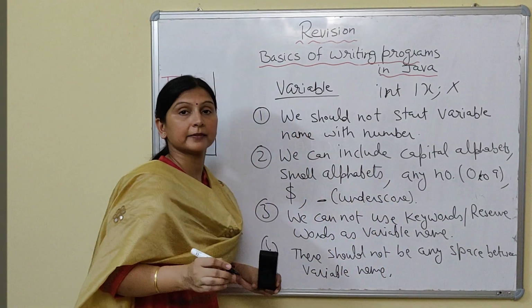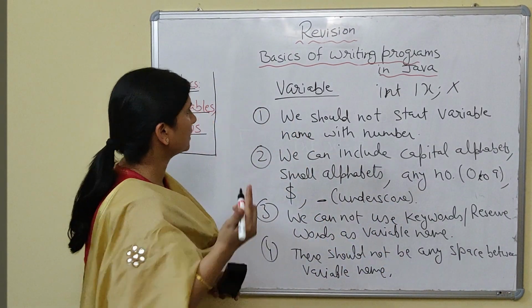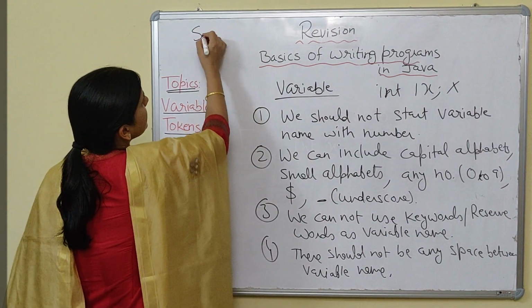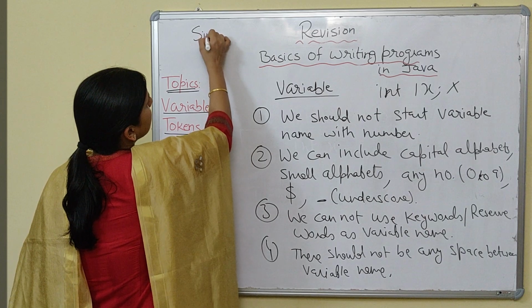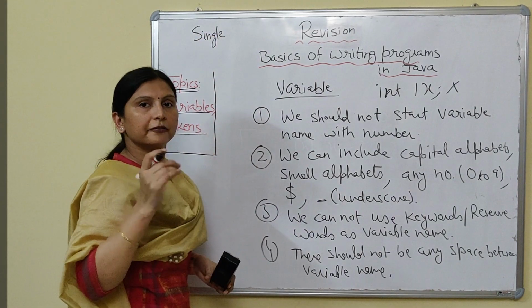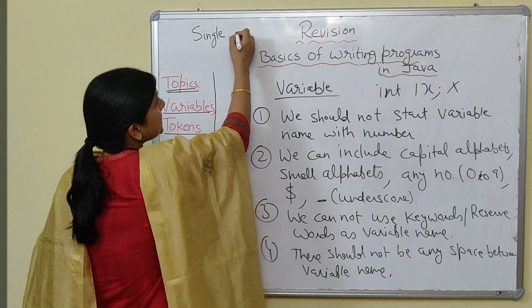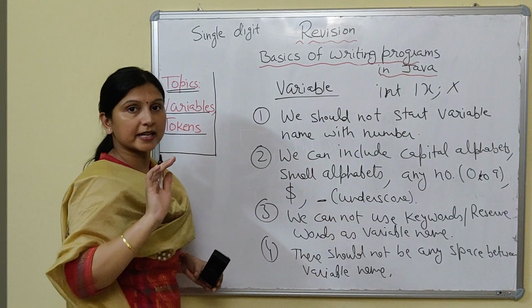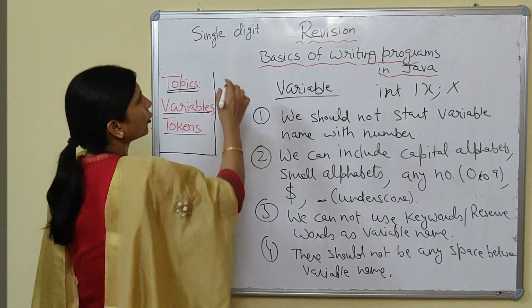Space is invalid. For example, you want to write single digit as your variable name. So how will you write it? You cannot write it like this with space. Space will be invalid. So how can you write?